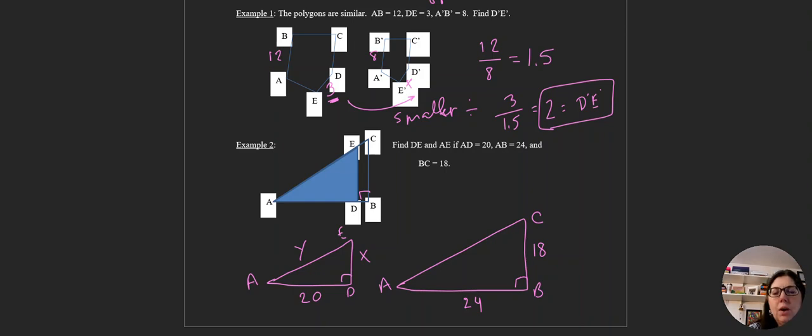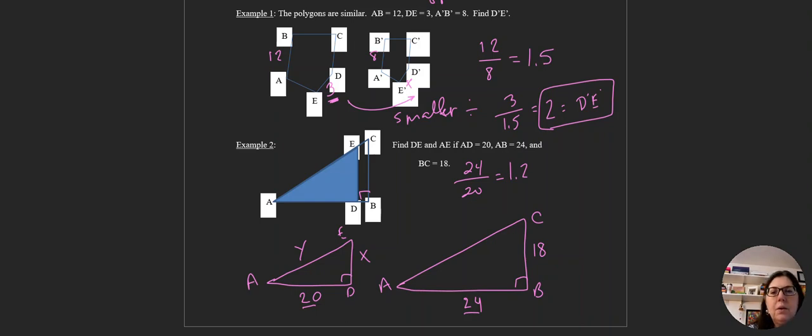Okay, so we have the 20 and the 24. So let's figure out how much bigger the bigger one is. So we're going to go bigger divided by smaller. 24 divided by 20 is 1.2. So it's not a lot bigger. It's 1.2 times bigger.